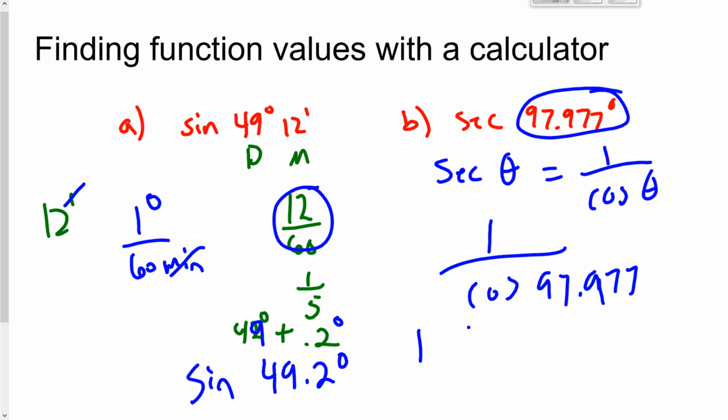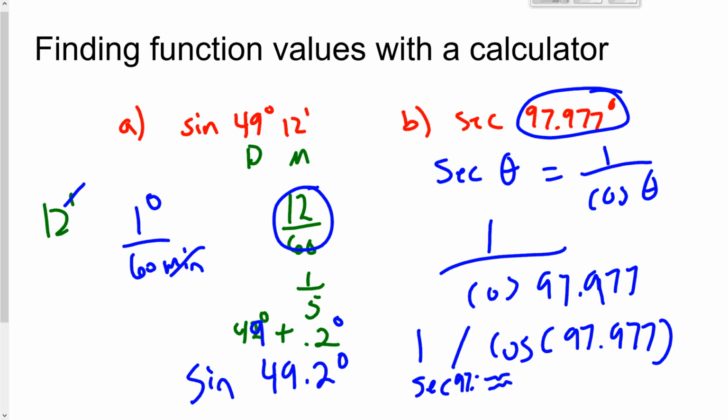You hit divided by, you get a slash, you hit cosine, it'll bring up parenthesis, click in 97.977, close that parenthesis, and you should get 7.2, sorry. So secant of 97.977 is approximately 7.2. That's the answer for that one.